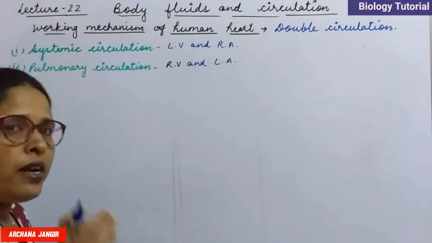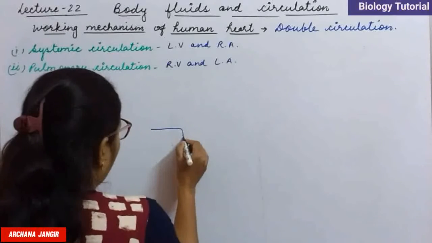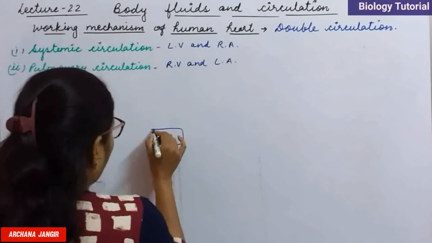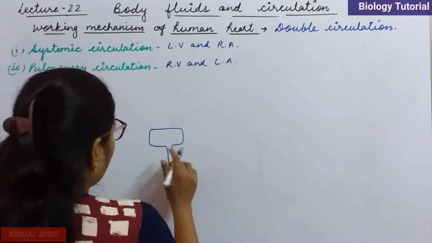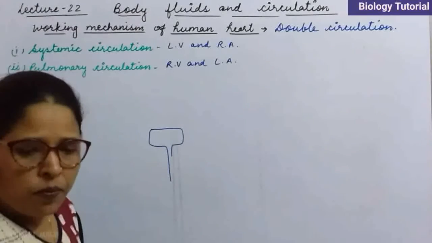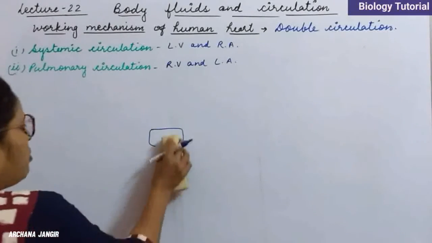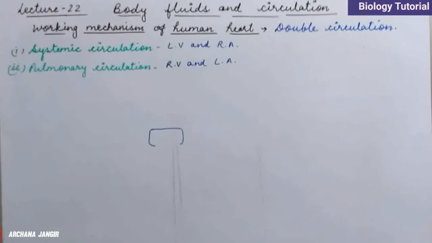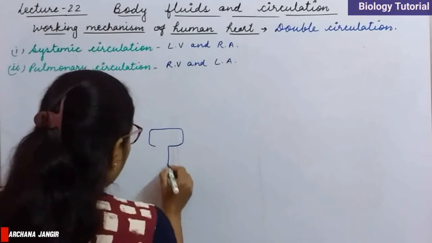So the simple diagram is there. The heart is divided into 2 equal halves. The right half is dealing with the deoxygenated blood and the left half is dealing with the oxygenated blood. So this is the right half, which deals with the deoxygenated blood.